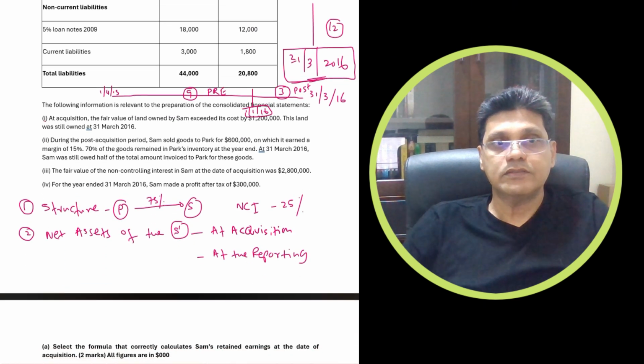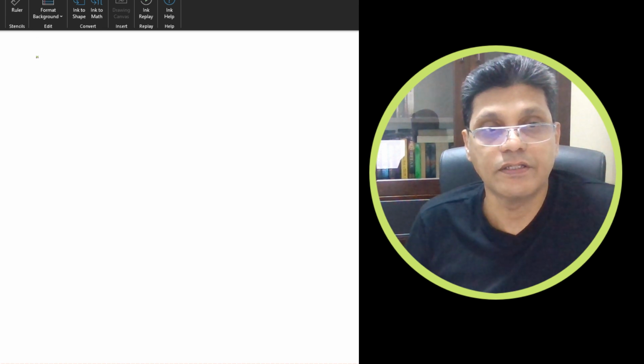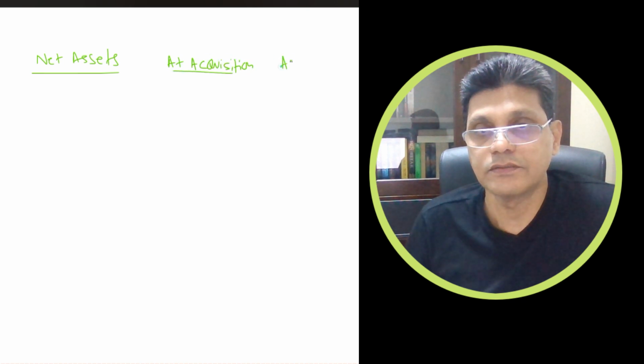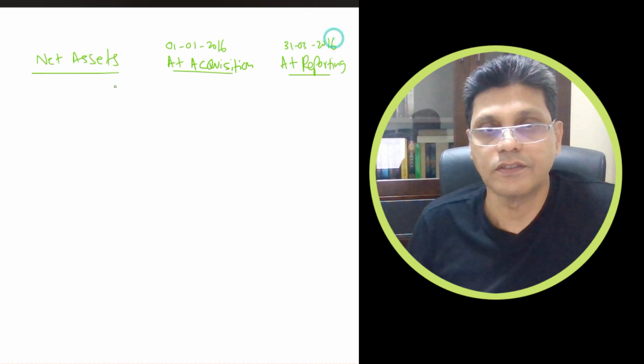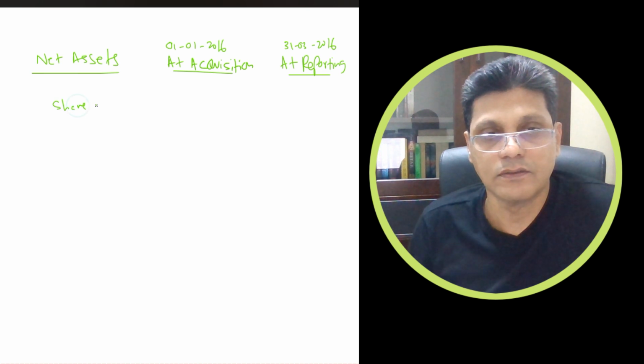So let's identify the net assets at acquisition, 1st January 2016, and at the reporting date, 31st March 2016. So you have share capital and retained earnings.